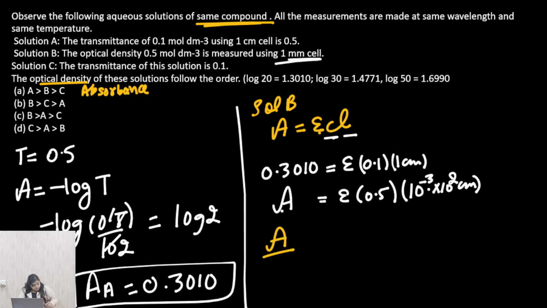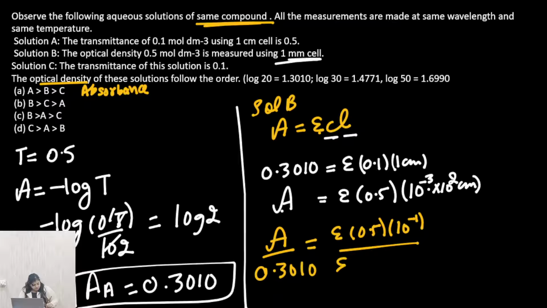So absorbance upon 0.3010 is equal to epsilon into 0.5 into 10 raised to the power of minus 1, upon epsilon into 0.1 into 1 centimeter. So you see this epsilon and this epsilon get cancelled out. So the absorbance value we will be getting is around 0.15, because 0.3 is being multiplied by 0.5.